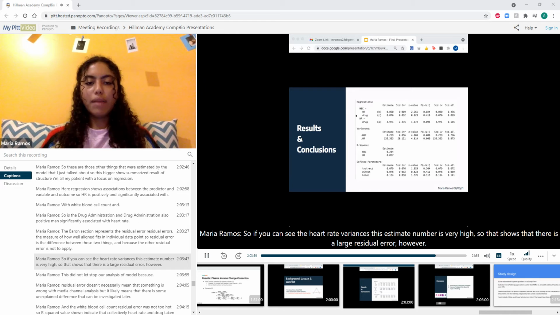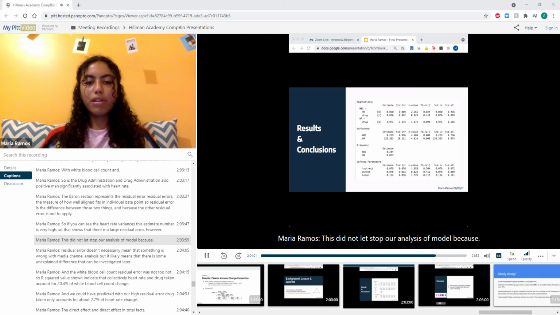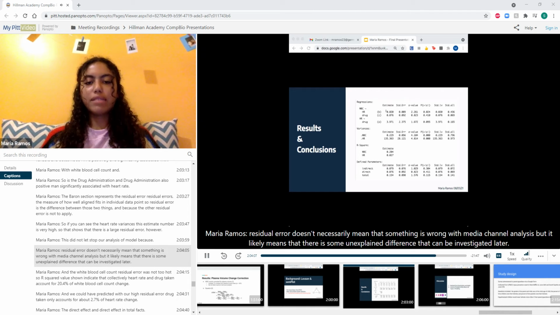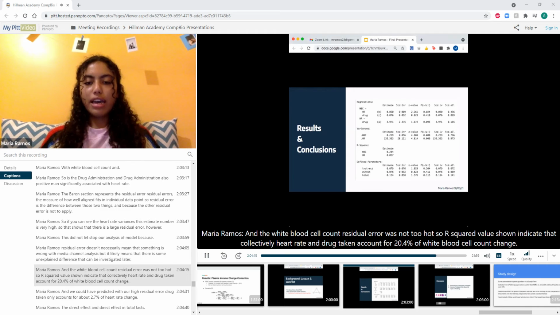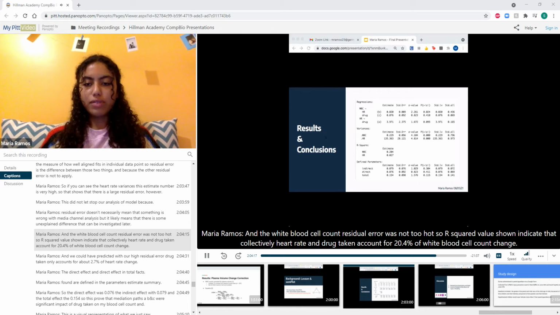However, this did not stop our analysis of the model, because residual error doesn't necessarily mean that something is wrong with the mediational analysis, but it likely means that there is some unexplained difference that can be investigated later. The white blood cell count residual error was not too high.